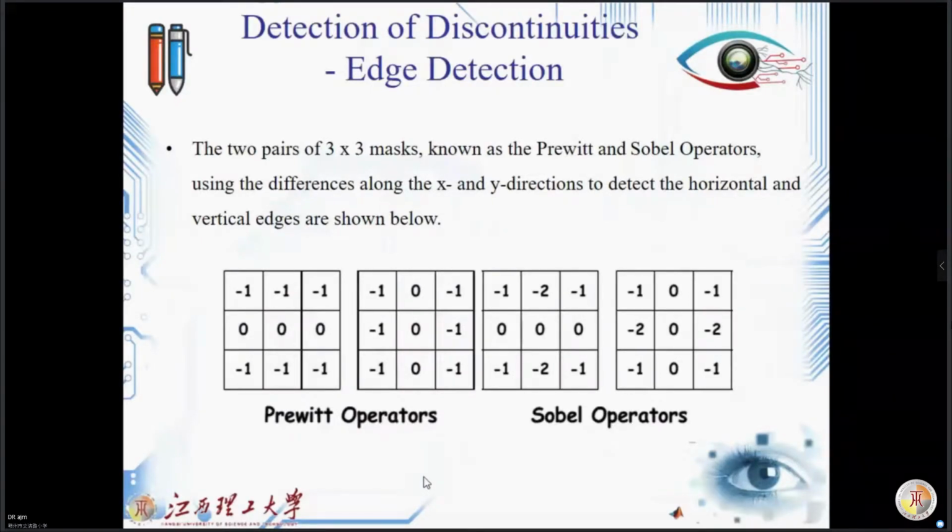Using the difference along the x and y directions to detect horizontal and vertical edges can be shown here. Prewitt and Sobel are like the matrices that I show here, and people know this type of edge detection as Sobel or Prewitt. In MATLAB we also have the same name and function for this edge detection method.